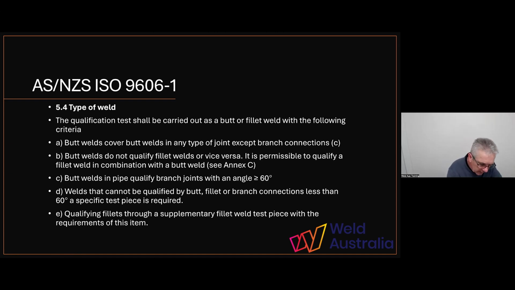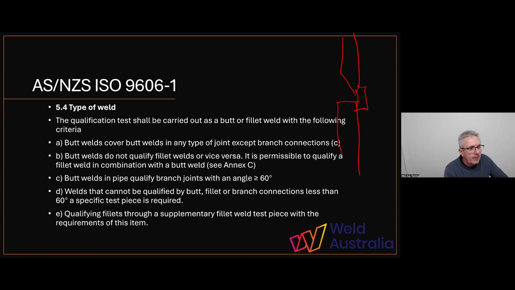So what it is, and it's at the back of the standard, where you'll have a 45-degree plate, a square edge, generally around about 12 mil, and a backing bar. And what it means there, if you decide to go down this pathway and try and qualify this type of joint configuration, this is where it allows us to do the combination with fillets.